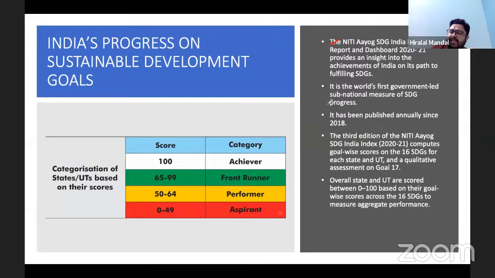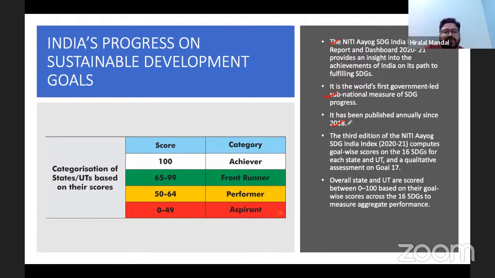The weight has been assigned to each index, and on the basis of that, the states' performance is measured through this portal. In fact, at the sub-national level, this is the first in the world which is continuously tracking the progress with respect to the sustainable development goals in the states. This was started way back in 2018, and since then it has been continuously done by the Niti Aayog.